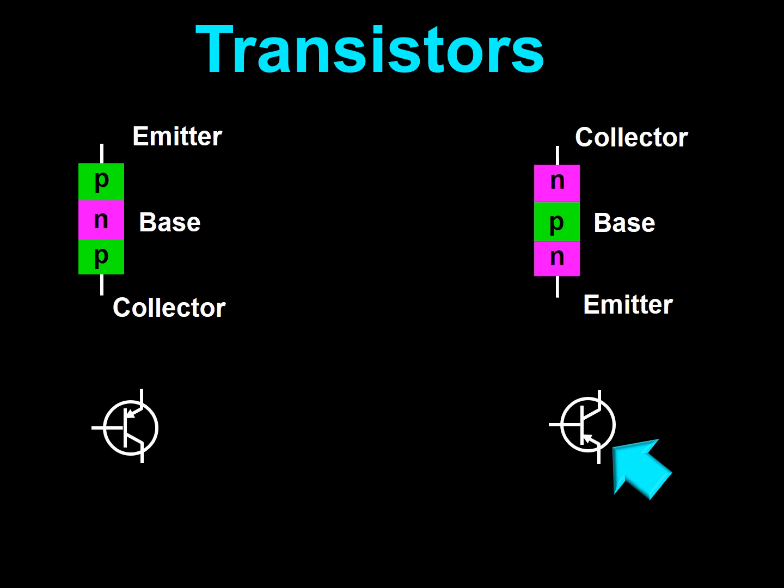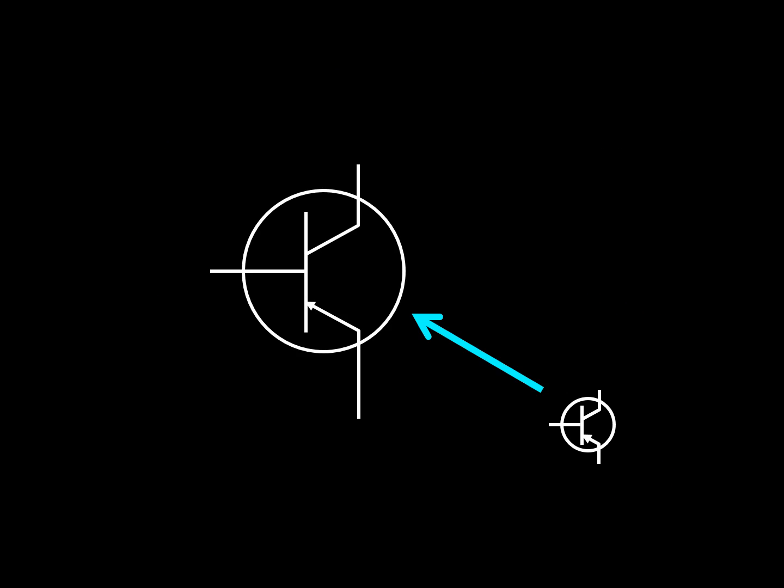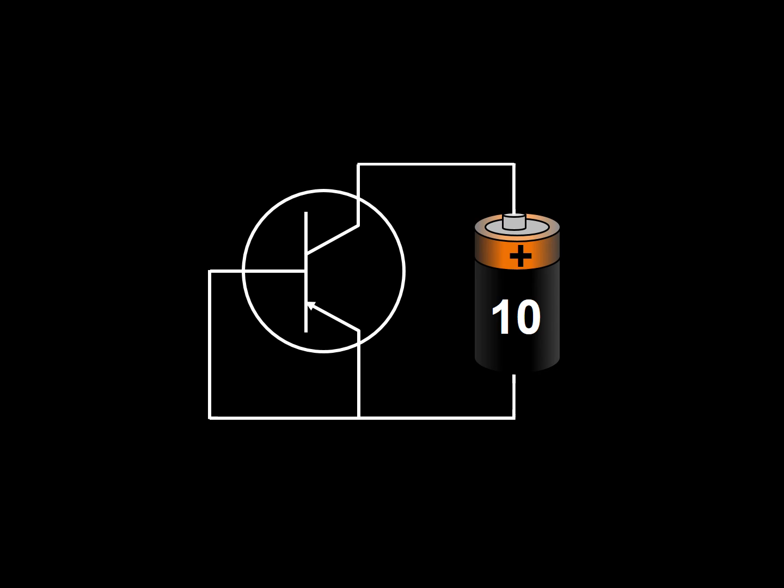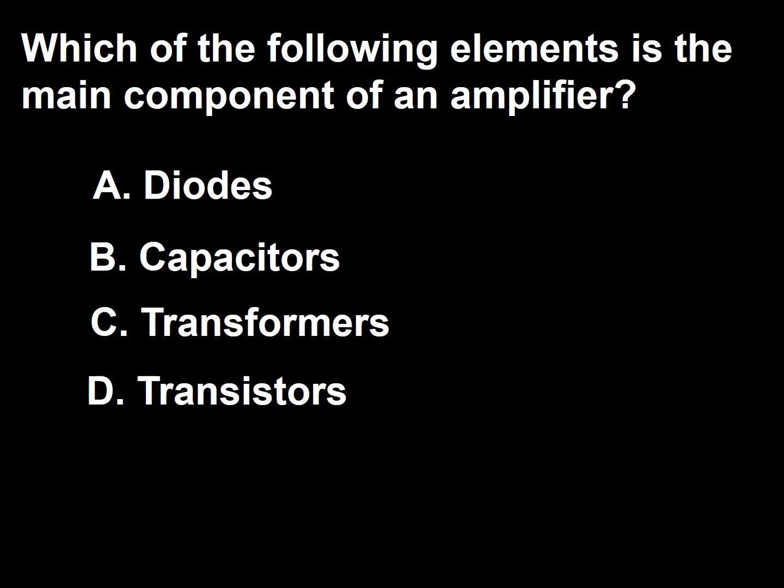So if we look at this symbol, enlarge it, and then introduce a power source as I have done in this frame, you can see why the symbol for transistor was chosen. So the answer to this question is D.